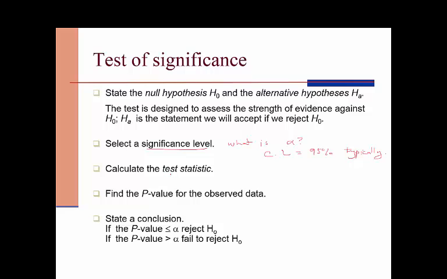Then you will calculate the test statistic. So Z stat is x bar minus mu divided by sigma over square root of n. Then you will find the p-value, and if p-value is less than alpha, you will reject the null hypothesis. If p-value is greater than alpha, you will fail to reject the null hypothesis.